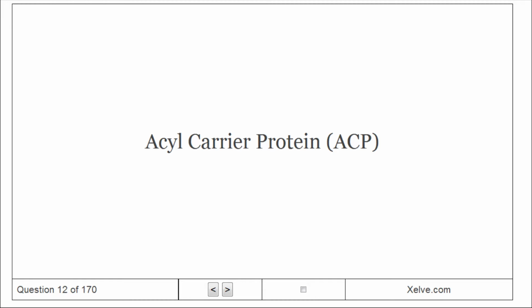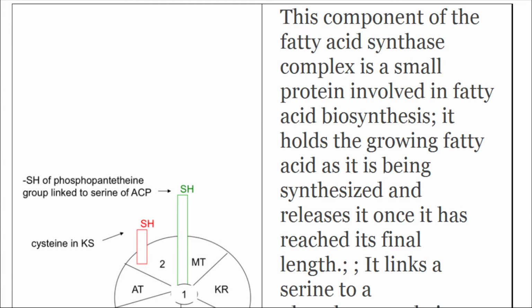Acyl carrier protein: this component is a small protein involved in fatty acid biosynthesis. It holds the growing fatty acid as it is being synthesized and releases it once it has reached its final length. It links a serine to a phosphopantetheine, which is important for attaching the acetyl-CoA.